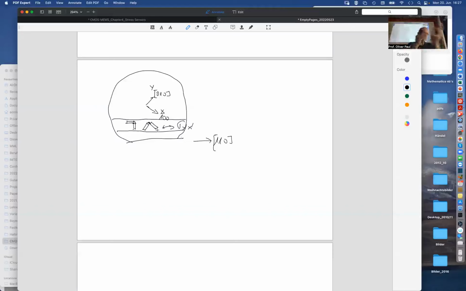And then that is equivalent to a sigma XY. So this is kind of equivalent to application of this shear stress. And then you will see a response.